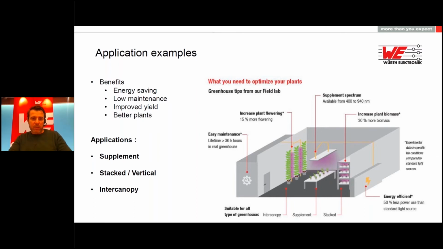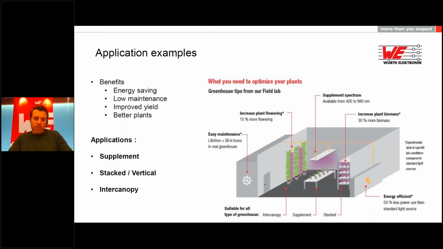One of them is the easy, lower maintenance, with a lifetime of the LEDs, or the emitters, of more than 36,000 hours in real greenhouse conditions, compared to the standard HPS lamps, which usually have a 10, 15, 20,000 hour lifetime and then need to be changed.